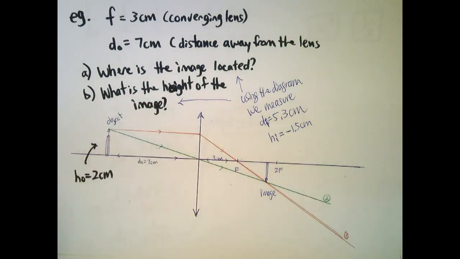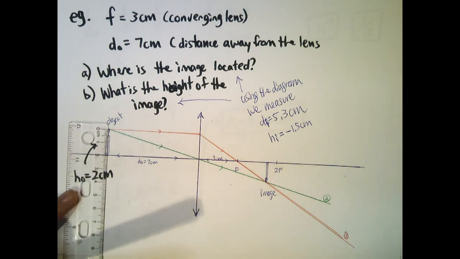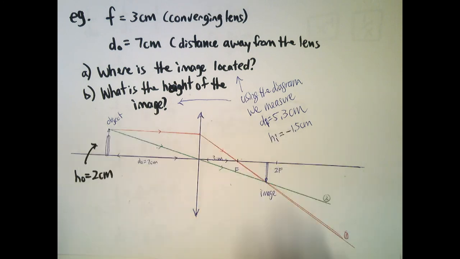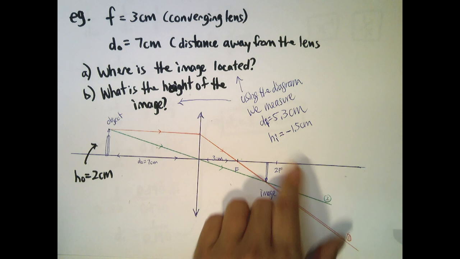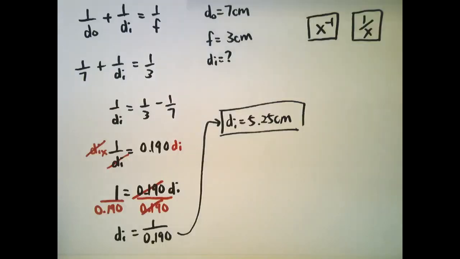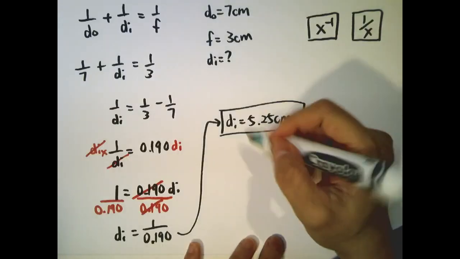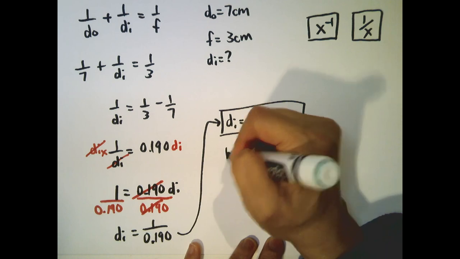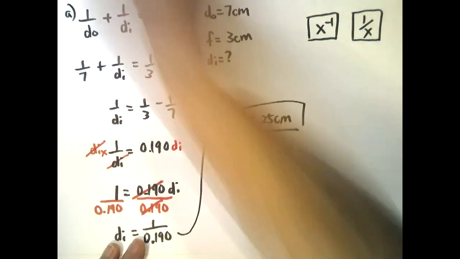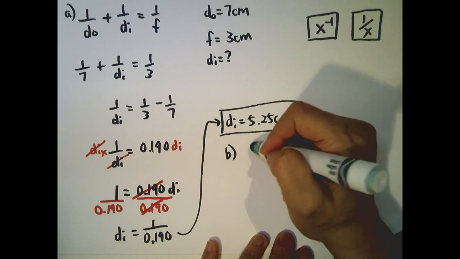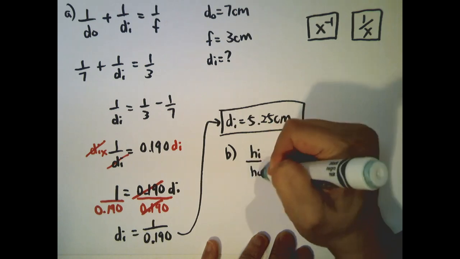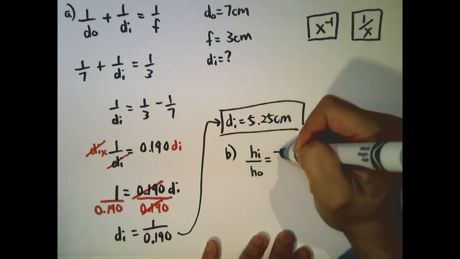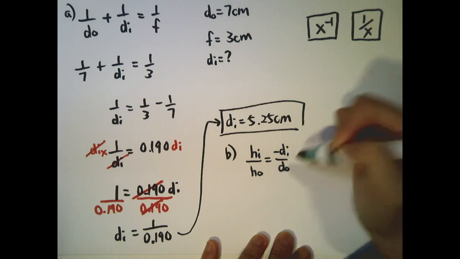If you can't remember that, let's double check it by measuring it. There it is, 2 centimeters. And then we measured the height of the image as 1.5. Let's double check our math. So this is for part B, and this is part A. So for part B, HI over HO is equal to negative DI over DO.